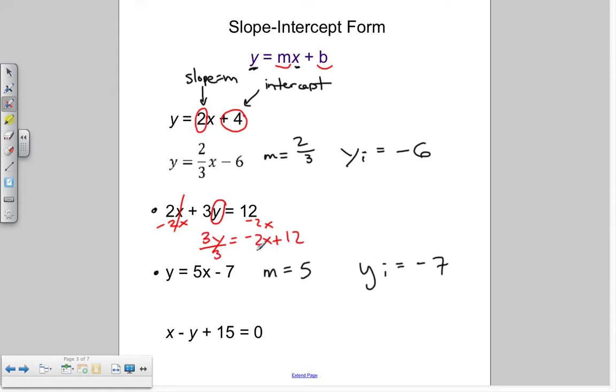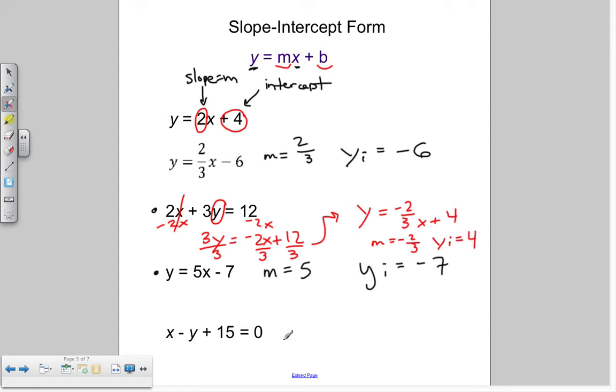Now I have to divide by 3, divide by 3, divide by 3, and I get y = -2/3 x + 4. Now I'm in y = mx + b. What's the slope? m is -2/3. What is the y-intercept? The y-intercept is 4.